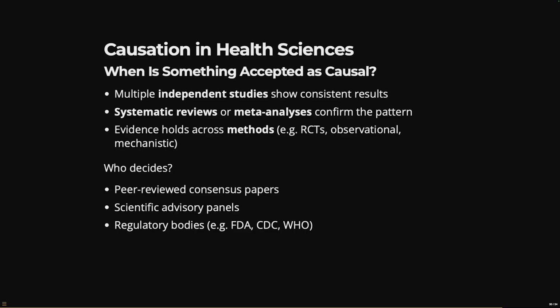Then still, who decides? Generally, it is some sort of group or organization that puts out a consensus and says, we think this has enough evidence to be determined as a causal effect. And there's no magic thing, that's it.